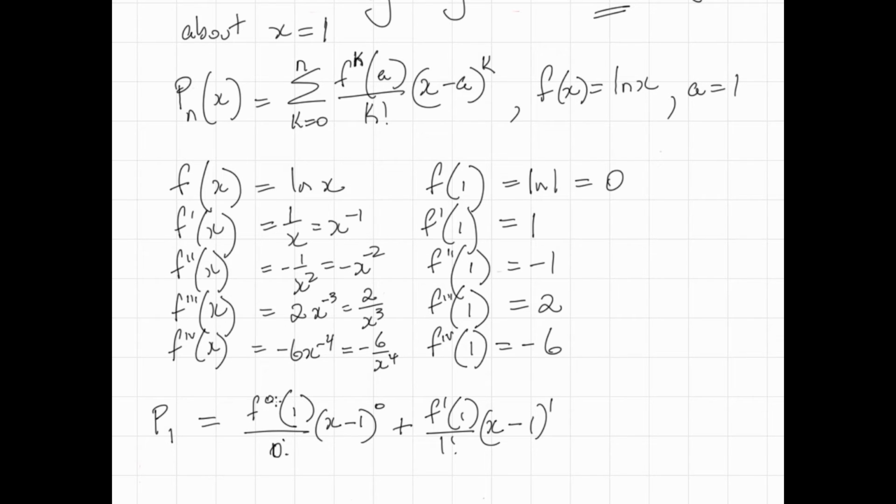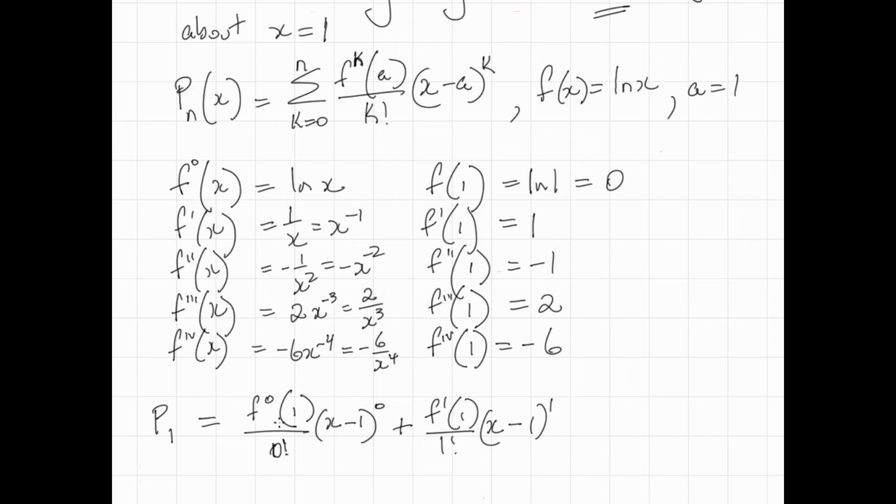Now f0 is just the function, without finding the derivative of it. That's what the f0 means. So it's just the value at 1, which is 0. Anything raised to the power of 0 is 1, and 0 factorial is equal to 1.